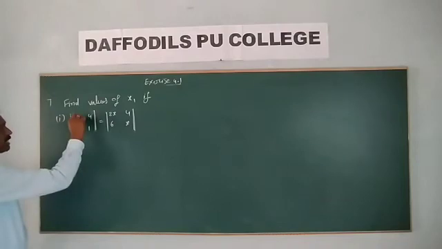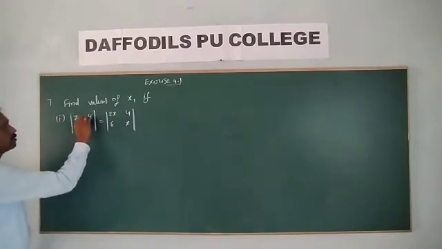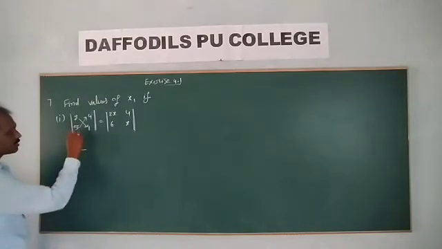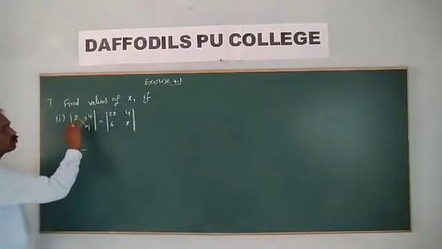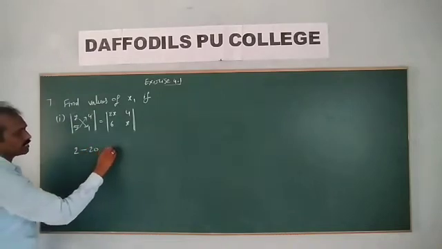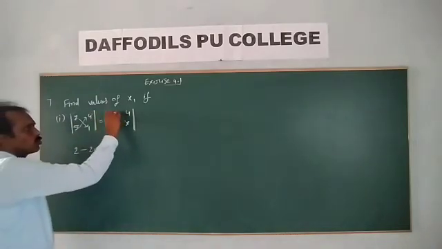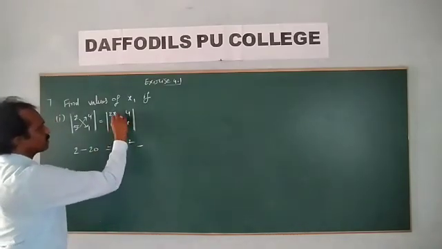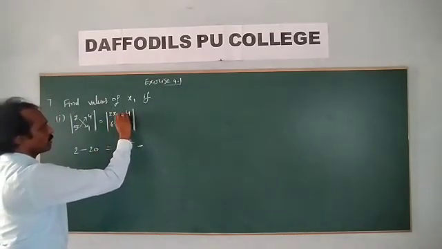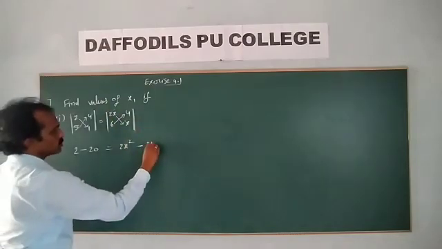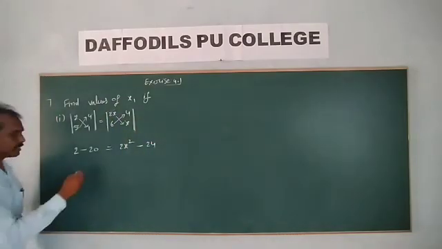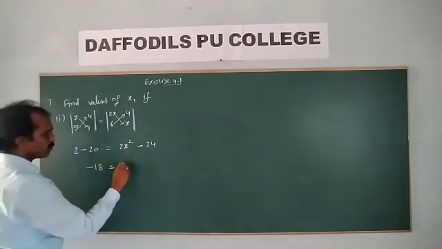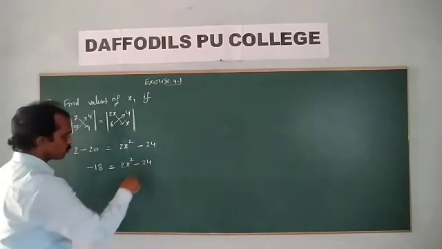So the LHS is 2 into 1, 2, minus 5 into 4, 20, is equal to 2x square minus 6 into 4, 24. The left side: 2 minus 20, minus 18, is equal to 2x square minus 24.